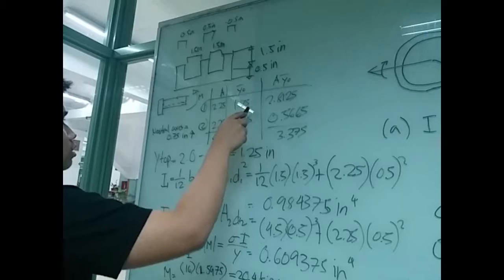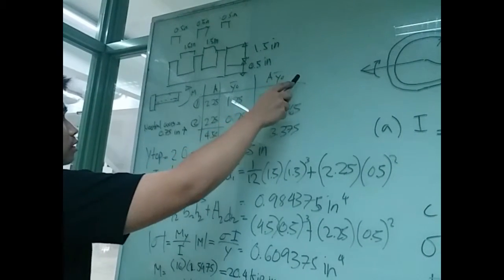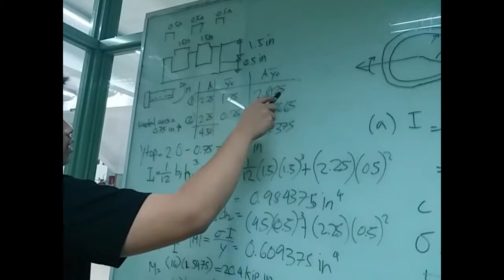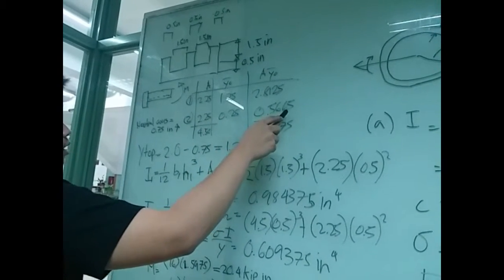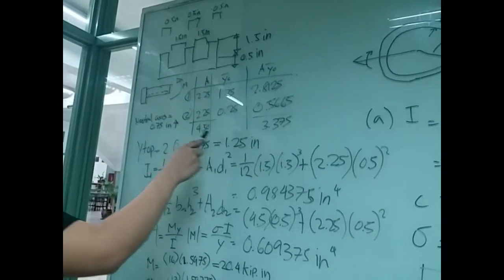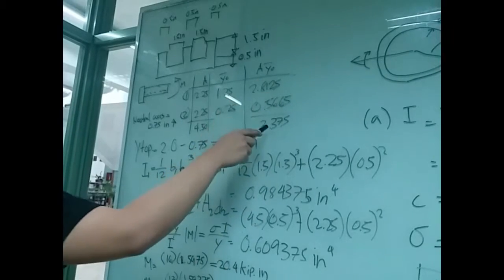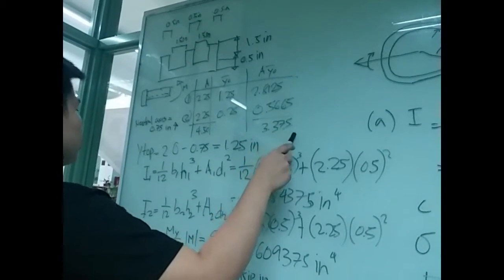Y bar outer is equal to 1.25, 0.25. Area of the total is 2.8125, 0.56. If we complete the total of this, 4.50, and complete the total of this, 3.375.